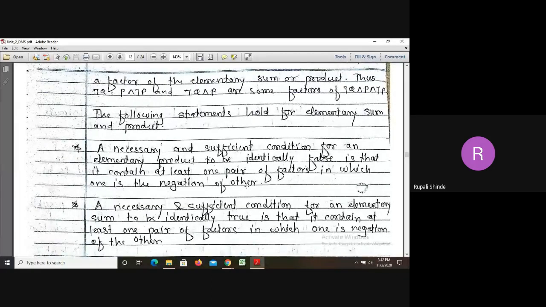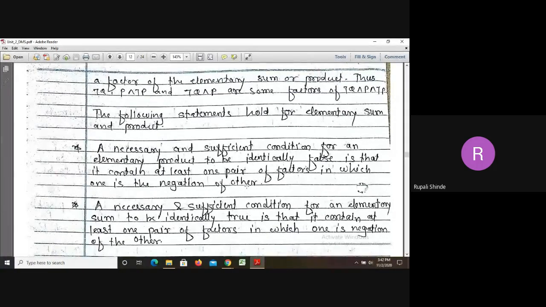Now consider this formula P and negation P. So what is its final value? What is the value for this expression P and negation P?